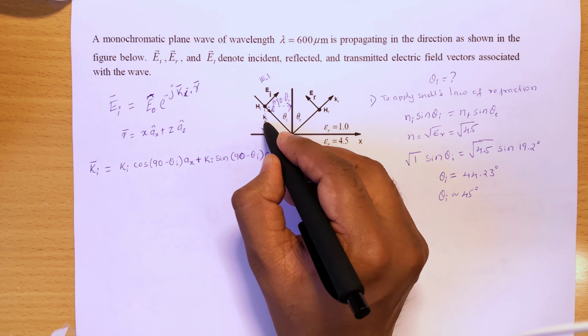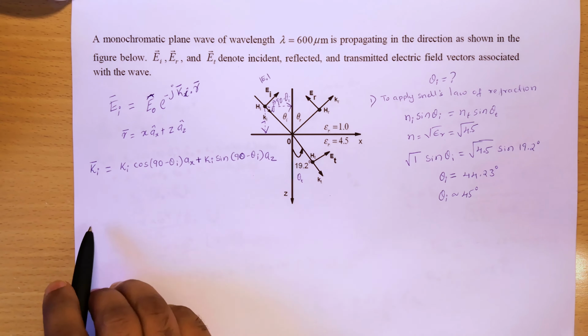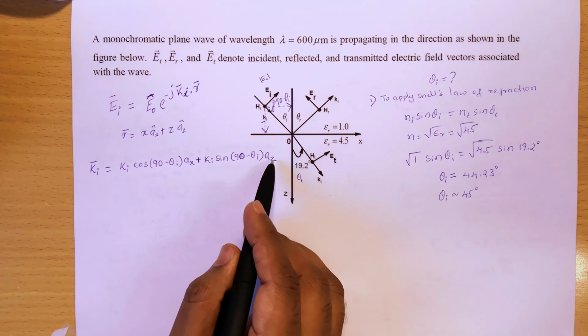So we are writing the expression for this part here and this part here. So the total k vector is like this.